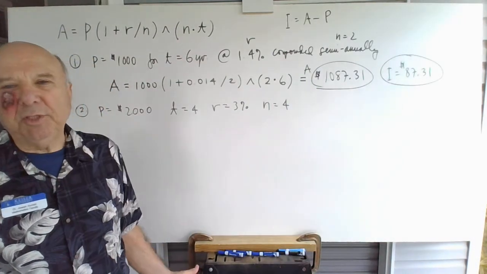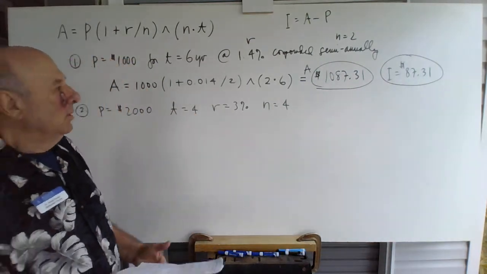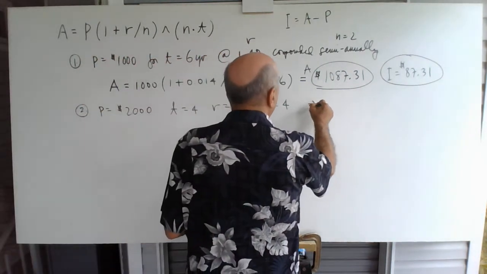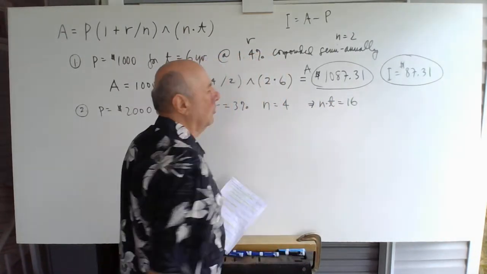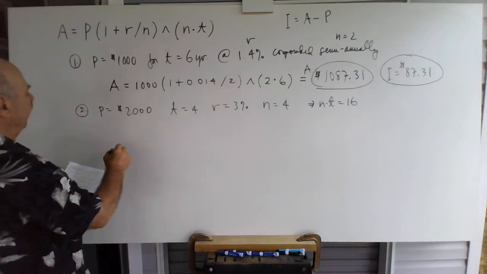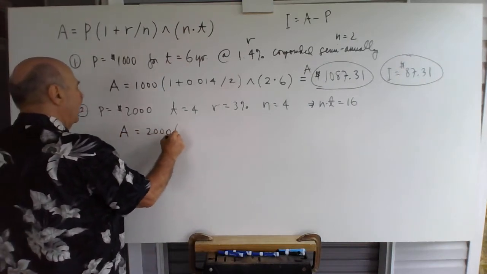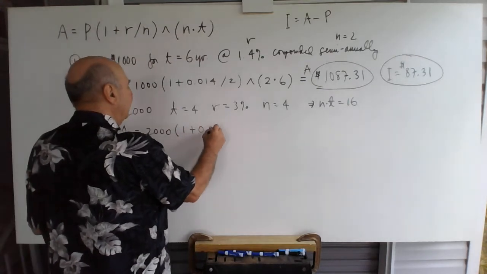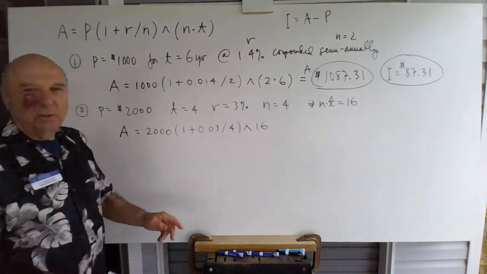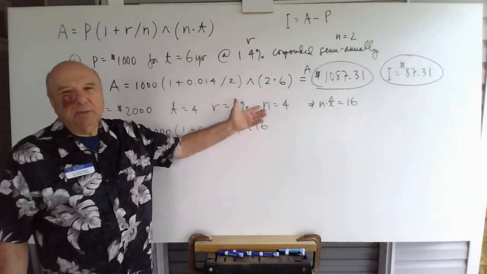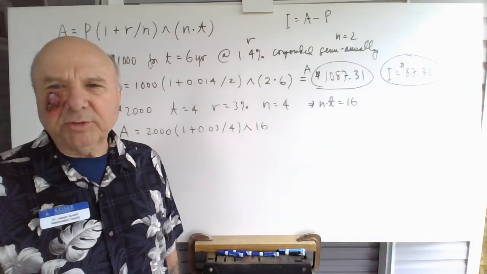So we're going to have 16 compoundings, because NT is 16. So if you want to do that, you could say N times T equals 16, 4 times 4. So when you do your formula, A equals 2,000 times (1 plus 0.03 slash 4) caret 16. So you can avoid the use of the parentheses because you already know what NT is. Just saves a little bit of effort, as long as it's not difficult.